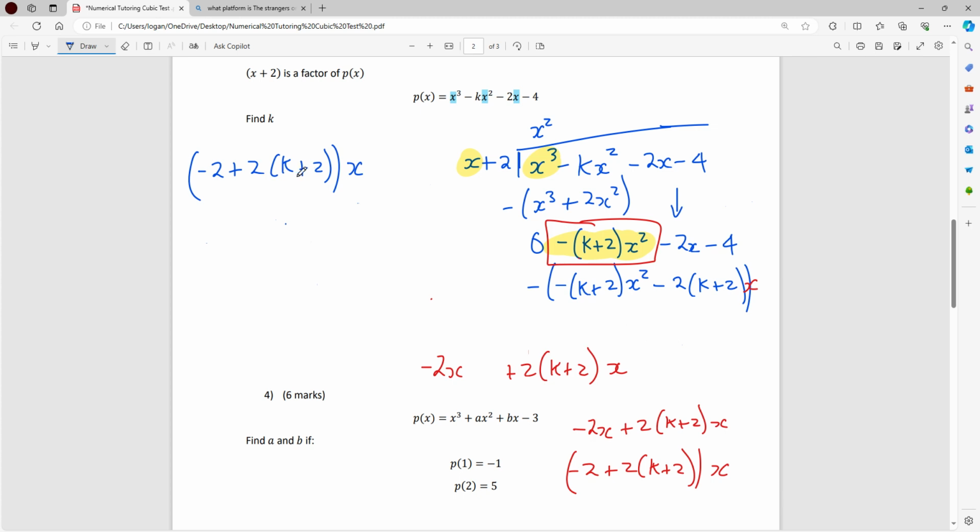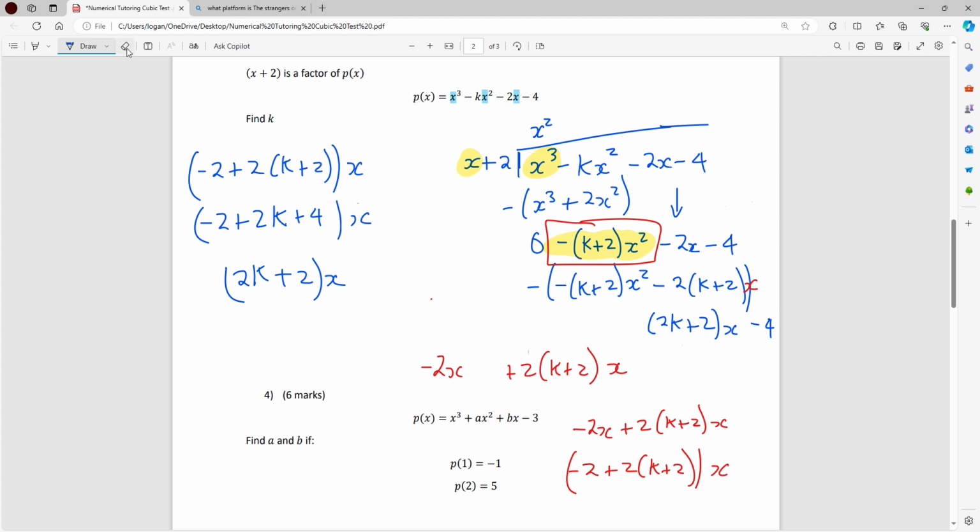Okay, you could probably simplify this a bit more at the moment. But for now, because remember this bit's going to go here, so we'll have negative 2 plus 2k plus 4 in front of the x. So we'll have (2k plus 2) times x. So that will be that result there. So we'll have (2k plus 2) times x and bring that minus 4 down.